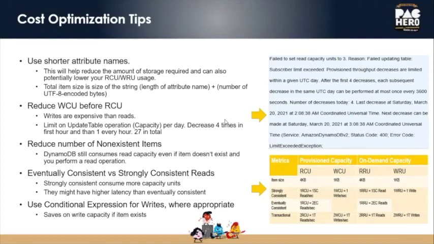So if your application doesn't need up-to-date data, you're better off using eventually consistent because that will reduce the cost. Also, strongly consistent read might have a higher latency because it needs to make sure you've got up-to-date data before it returns the value. That's another thing, not just the cost, but the performance as well. So you need to be wary of that.